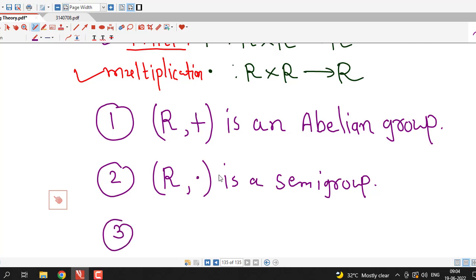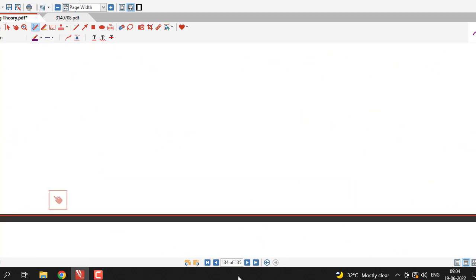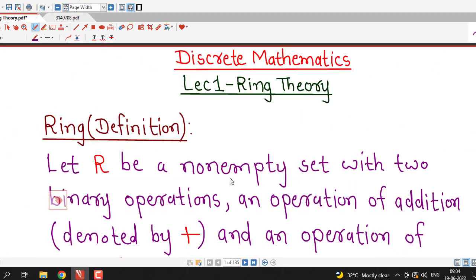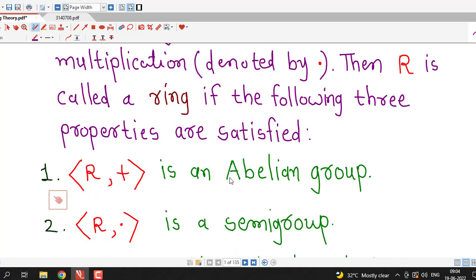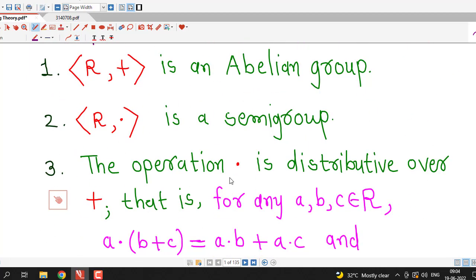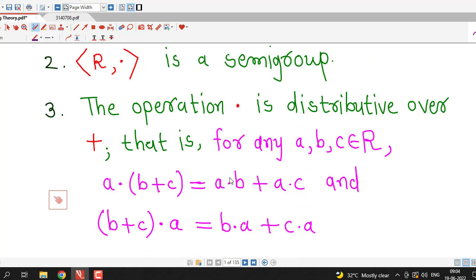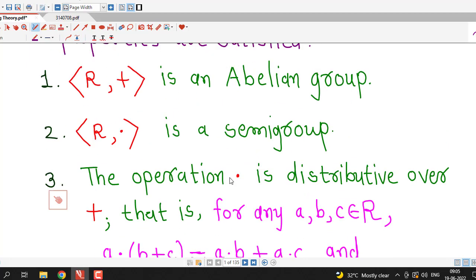The operation of multiplication is distributive over addition, that is, A dot (B plus C) is equal to A dot B plus A dot C. If these three conditions are satisfied, then our set R under these two operations will become a ring.